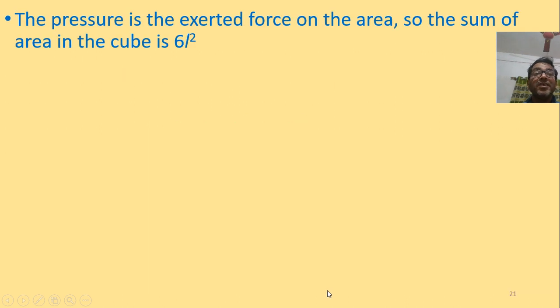Now the pressure. What is pressure? We know it is force per unit area. So what is the area? For a cube, the surface area is 6 into the length square, that is 6L square. So P is equal to F by 6L square.